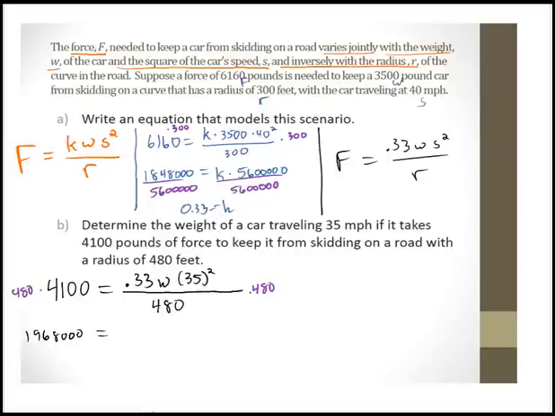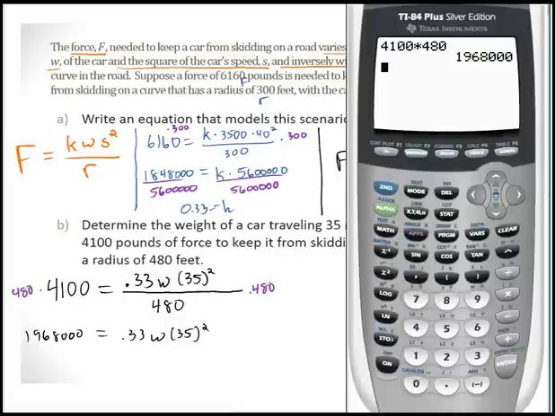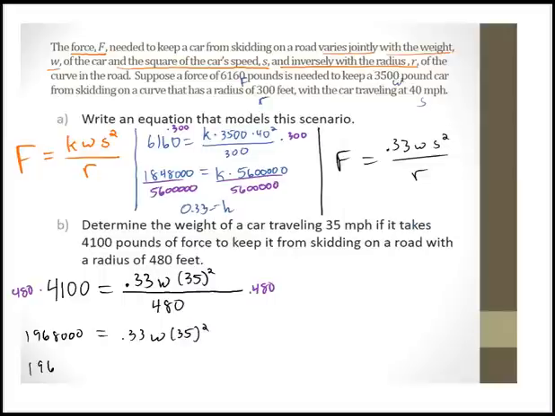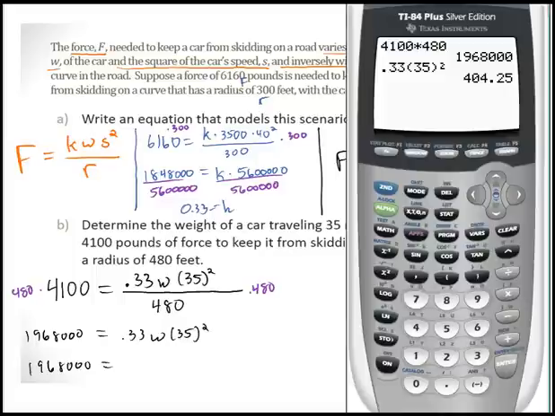So that's 0.33 by W by 35 squared. Now, 0.33 by 35 squared, that's just a number. Let's simplify that. 0.33 by 35 squared is 404.25. So 1,968,000 is 404.25 W.